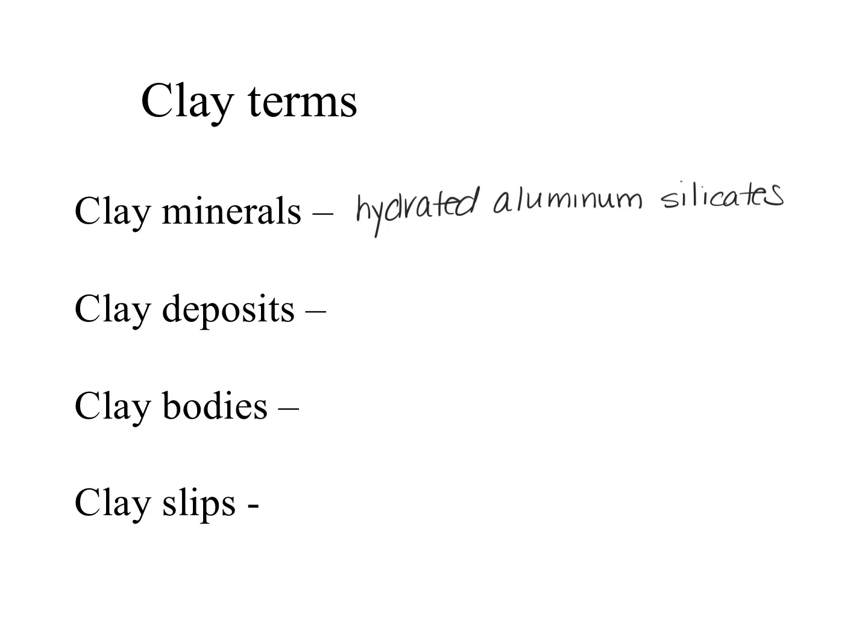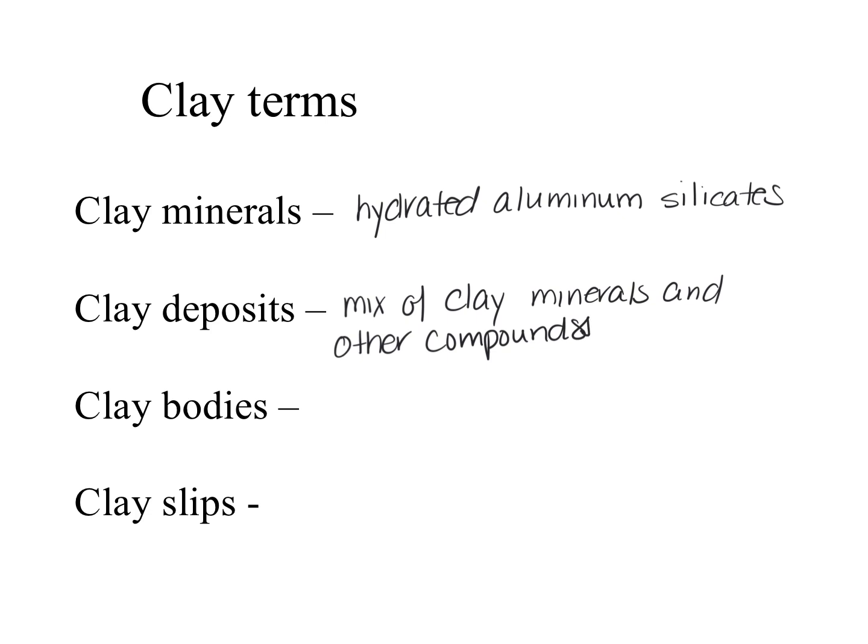Then we also have clay deposits. This is a mix of clay minerals and other compounds. So clay minerals are just hydrated aluminum silicates. If we talk about clay deposits, it's those hydrated aluminum silicates with other compounds that are all mixed in.